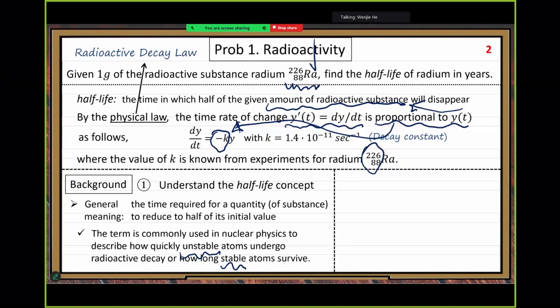We can connect the stability of the radioactive substance to half-life. In radium, there are many isotopes.